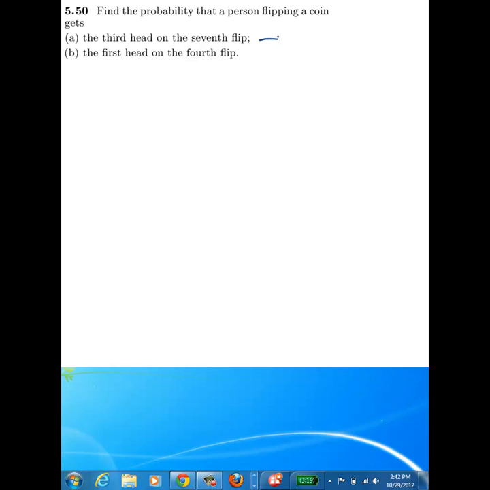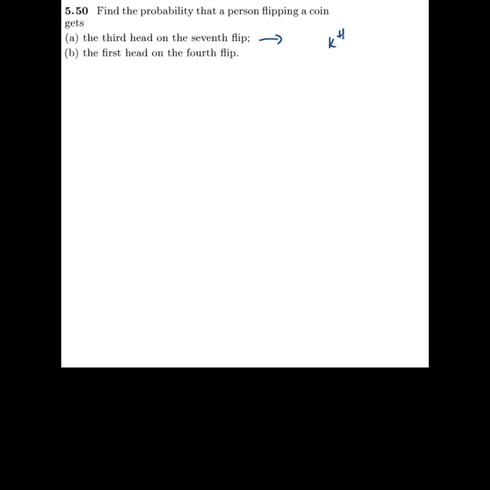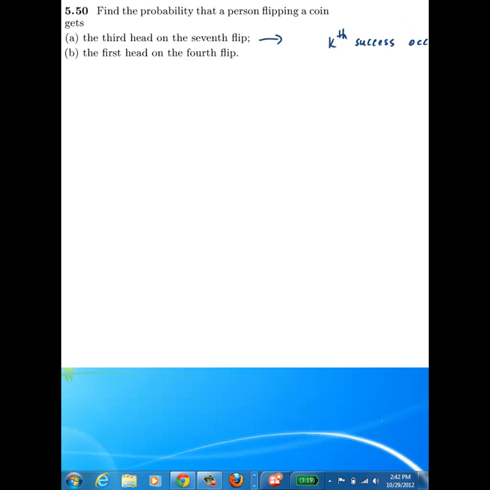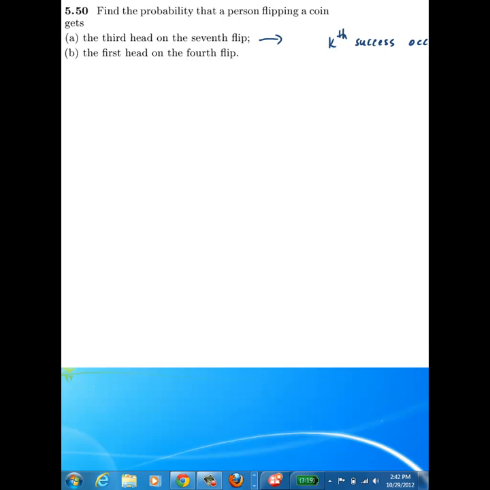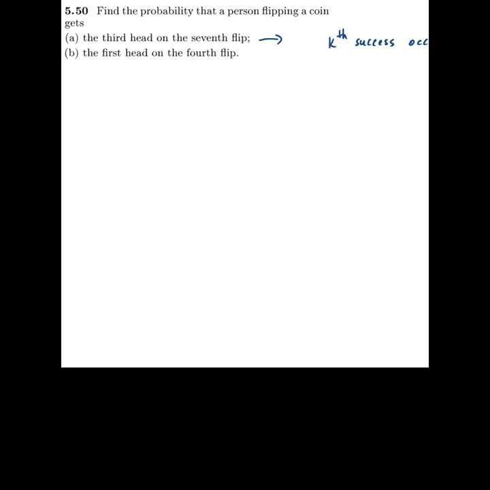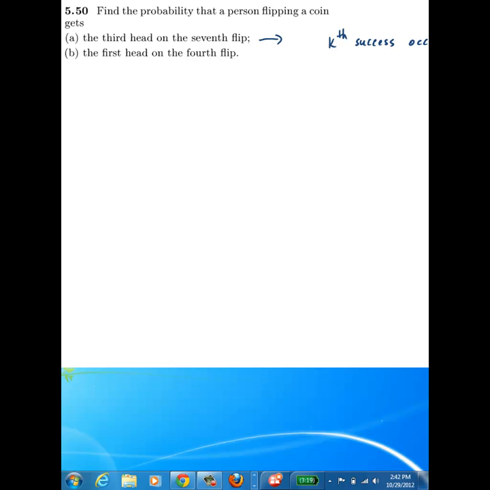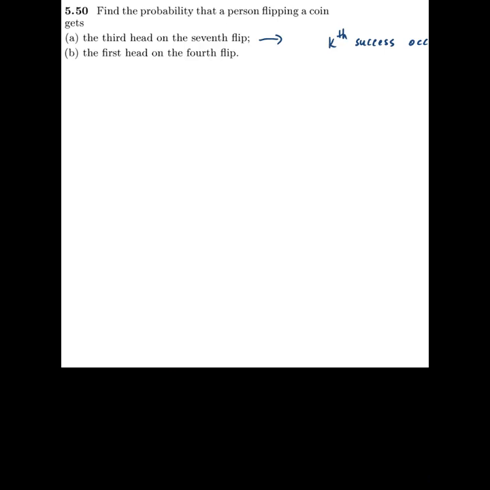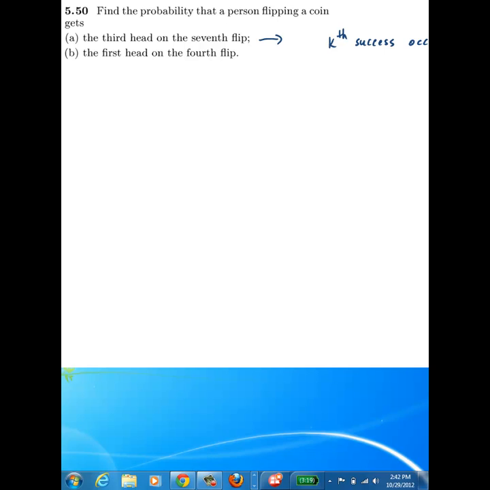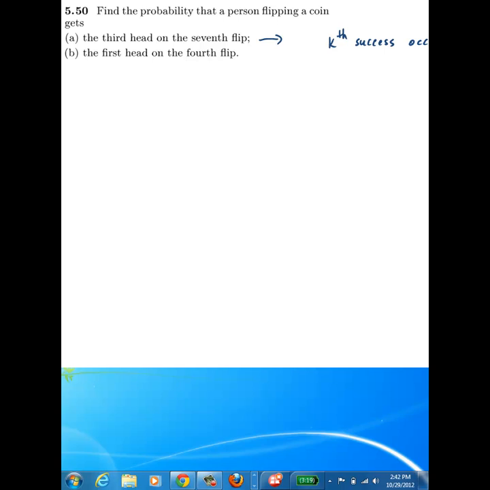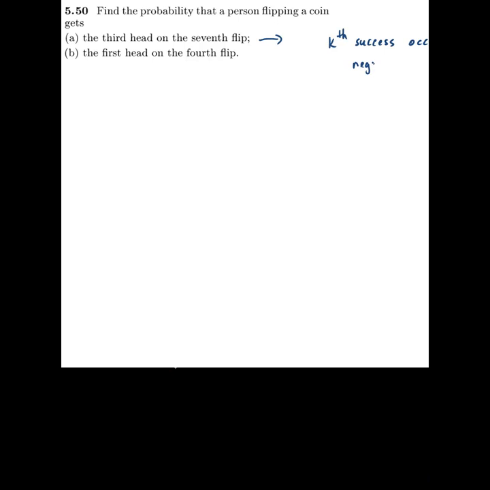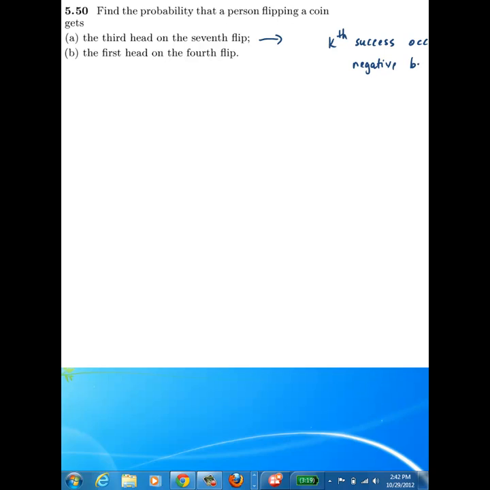In a negative binomial, you have your kth success occurring on trial x. So 3 occurring on 7, 5 occurring on 12. That's the type of question that you need to answer with the negative binomial. So this is negative binomial.